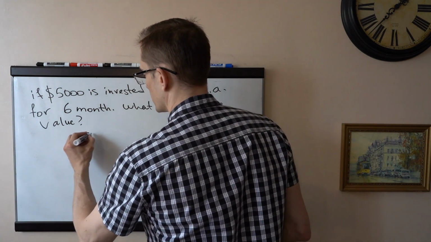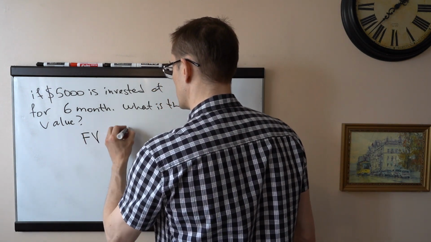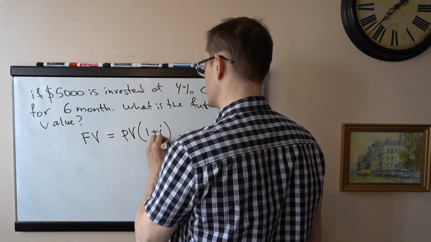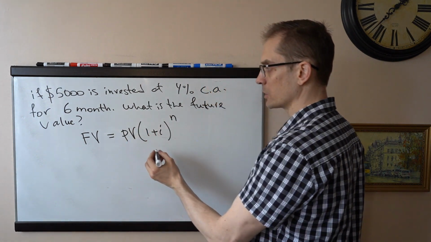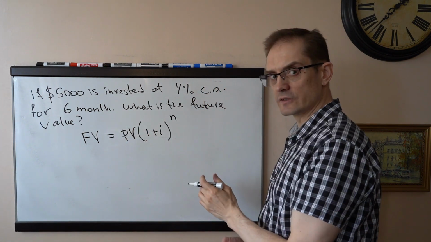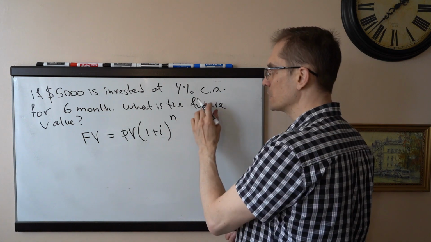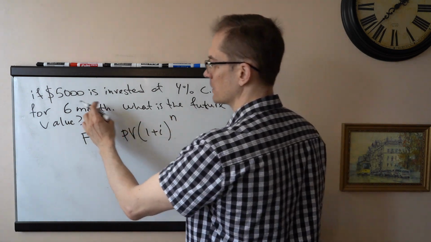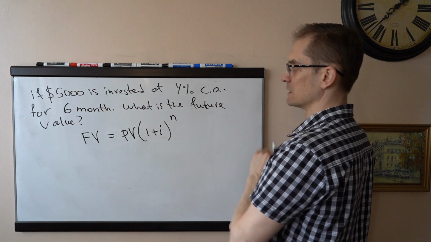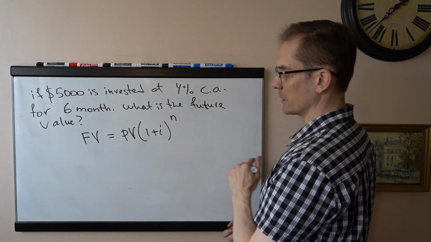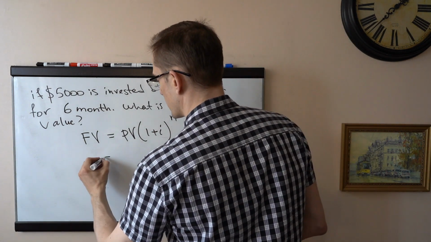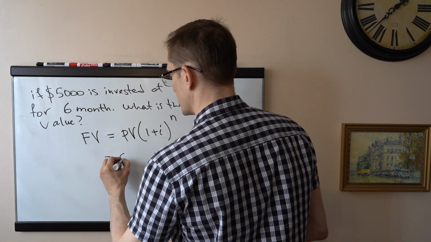So the formula for compound rate is your present value times (1 plus i) to the power n, right? And why will the bank use this? Because that's a compound rate, that's not a simple rate. Even though the period is not complete here, even though the period here is less than the actual compounding period. Well, how they will do it, they'll just say, okay, the present value is $5,000.